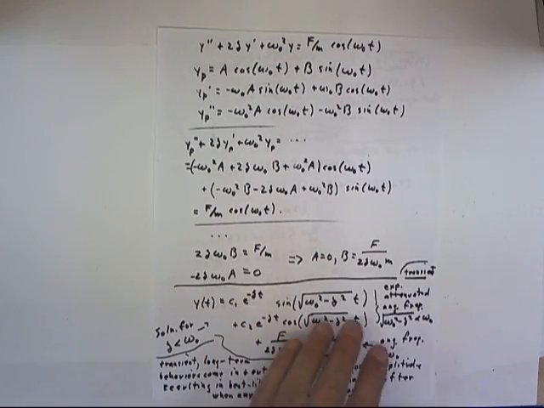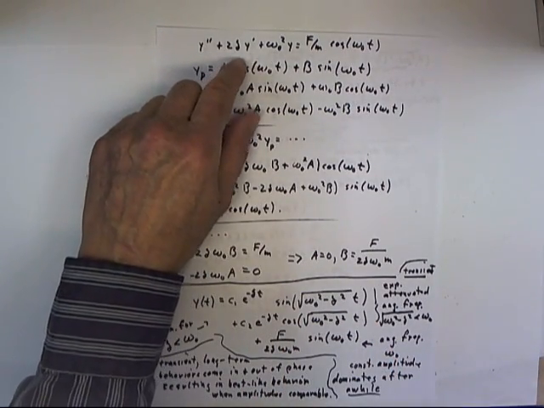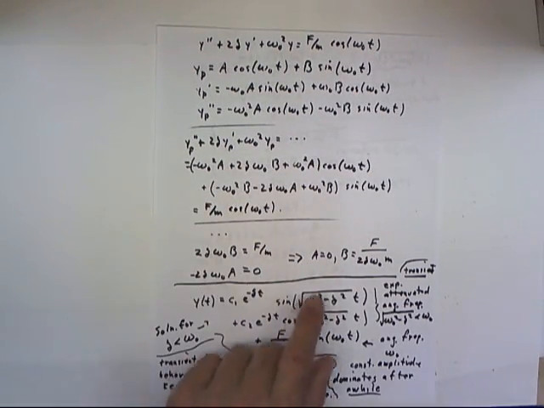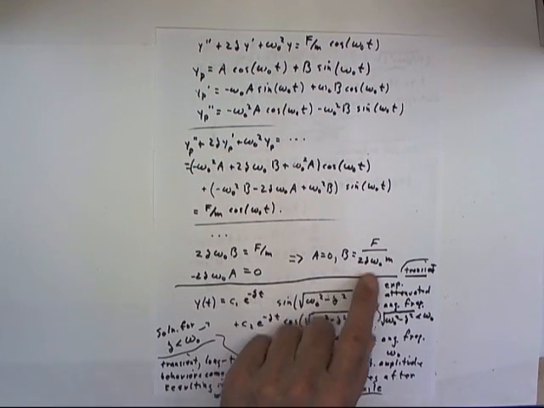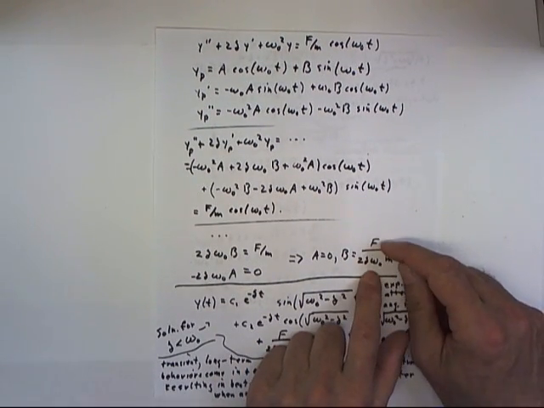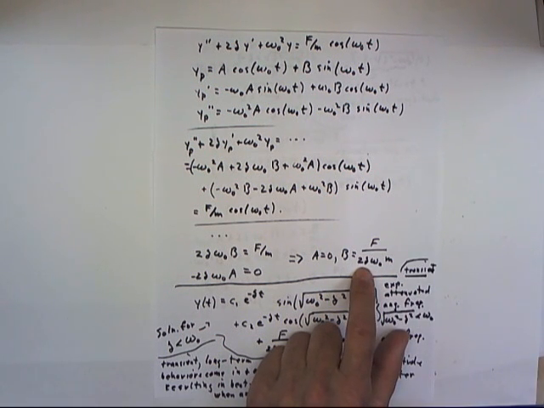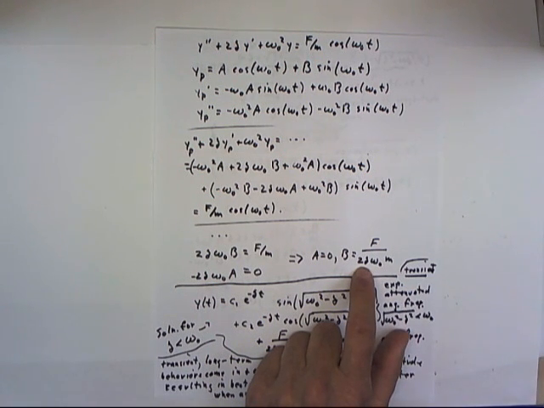So even if the damping is high, the particular solution of the equation is still going to be governed by the coefficient f over 2 delta omega naught m, just that delta is a little bigger, so that the amplitude is going to be somewhat smaller.